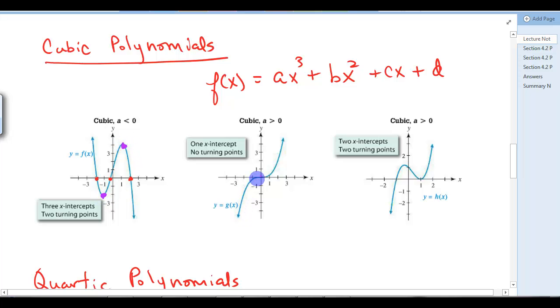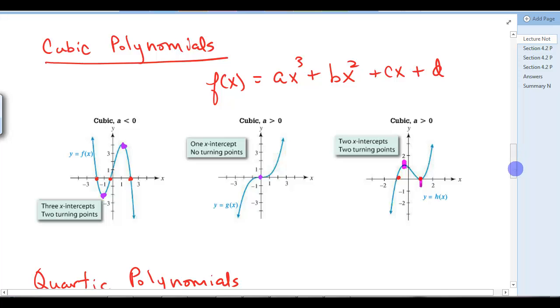In this one, we have one x-intercept, and it looks like it's touching a bunch of places, but it's really just touching right there, and it's really no turning points. It's always increasing. In this one was when a was negative. When a is positive, we've got, in this one, 2 x-intercepts and 2 turning points.